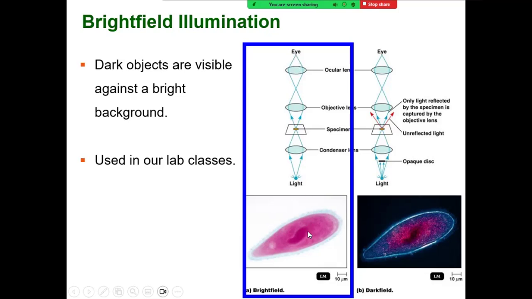The background will be very bright because we get the light from the lamp, and the specimen will also be bright. That's why it's called bright field illumination. It is normally how we see an object with our microscopes in the lab. Any question about that?